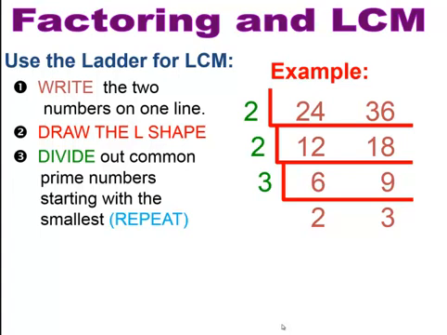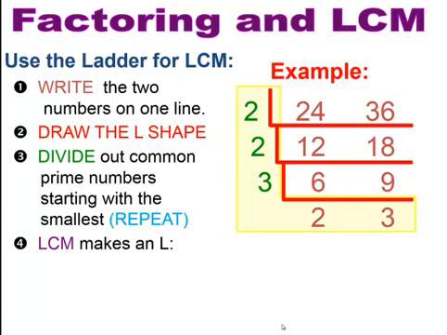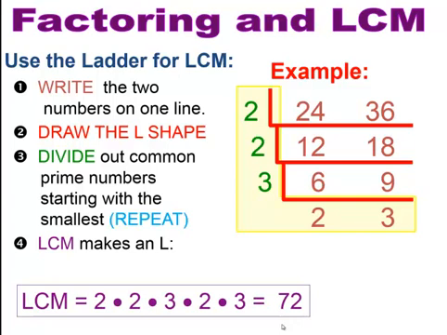Now to find the least common multiple from this ladder method, we take the numbers on the outside that create an L and multiply them together. In this case, my least common multiple is 2 times 2 times 3 times 2 times 3. Because it's easier visually, I like to multiply the side numbers together first: 2 times 2 is 4, times 3 is 12.